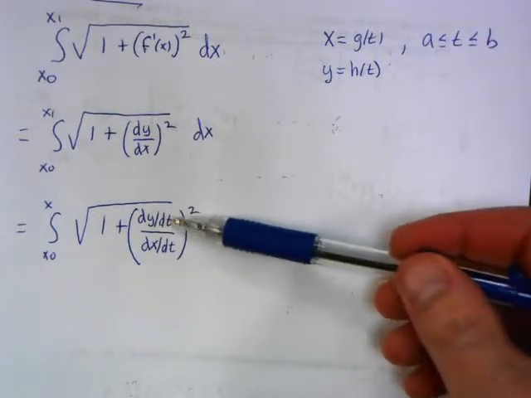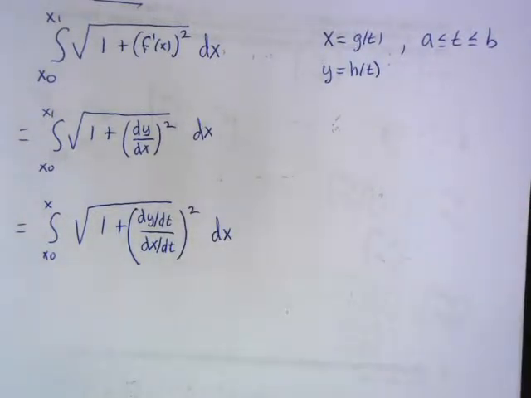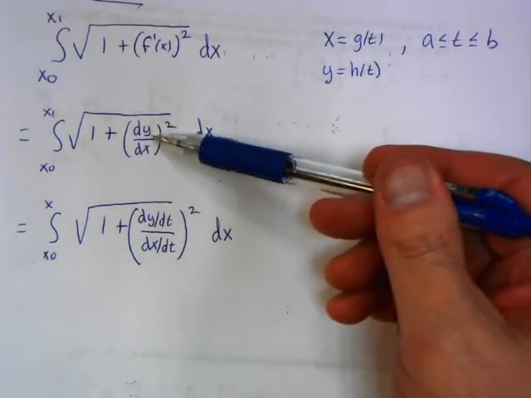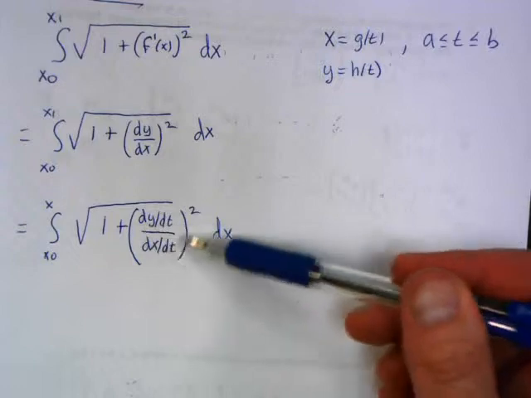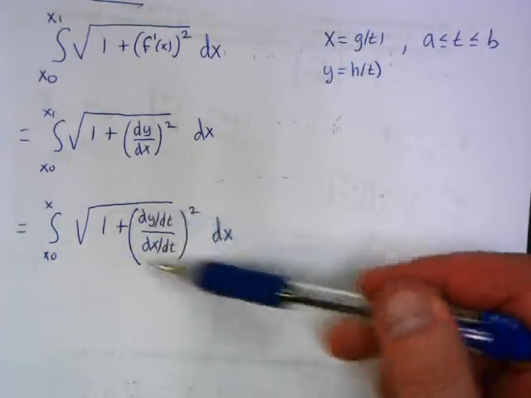What's dy/dt over dx/dt? That was our definition of dy/dx just a minute ago. So I took this dy/dx and I replaced it with this derivative in parametric form. All right.